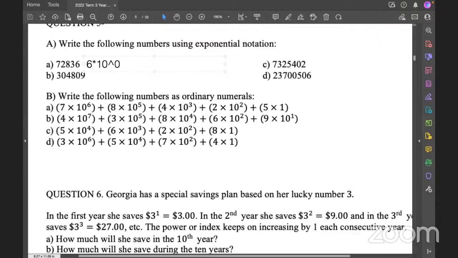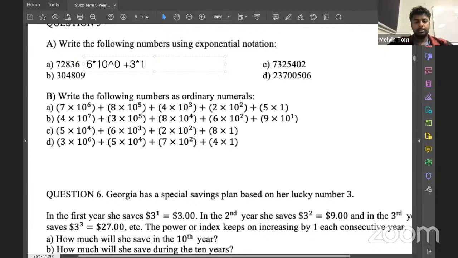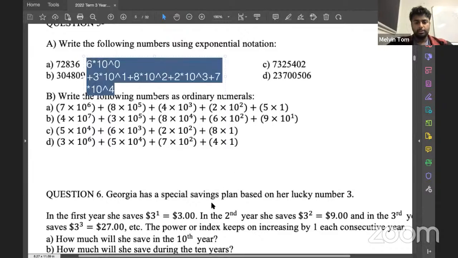So 6 times 10 to the power of 0 plus 3 times 10 to the power of 1 plus 8 times 10 to the power of 2 plus 2 times 10 to the power of 3 plus 7 times 10 to the power of 4. That's what you do.